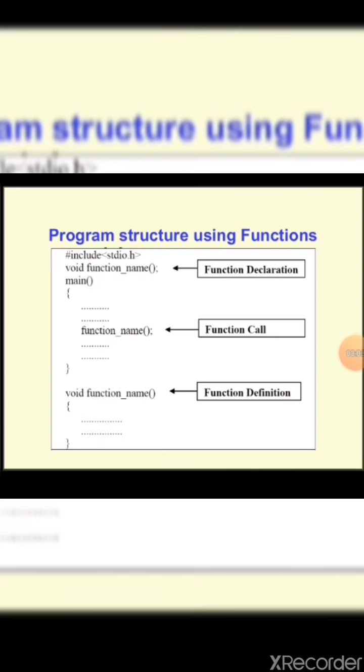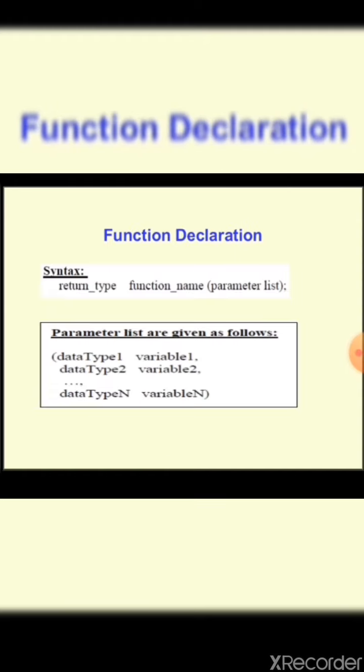Now let us study these elements one by one. First one, function declaration. A function declaration contains four main things: return type, function name, parameter list, and semicolon. Return type is the status which will be given by that function, and parameter list is the input which will be taken by the function to implement some task.